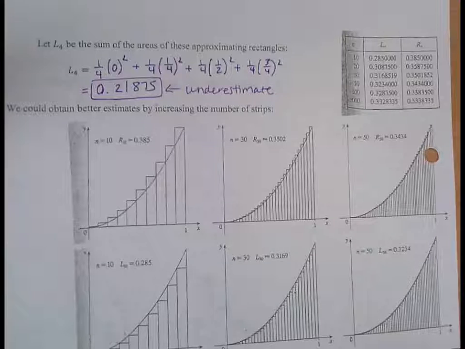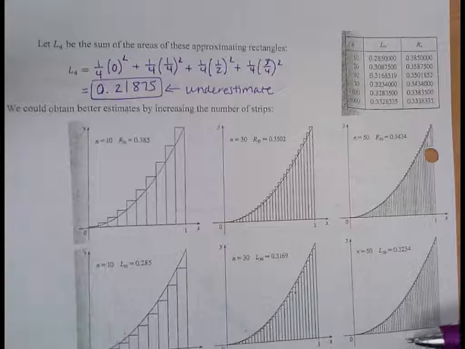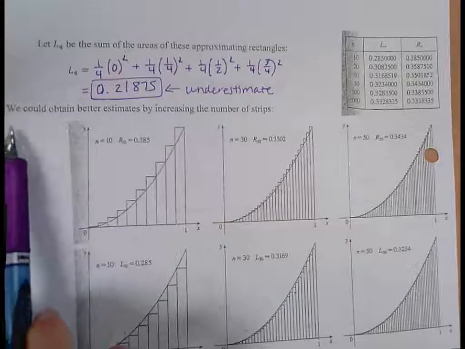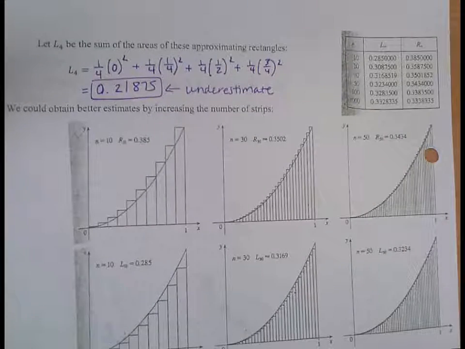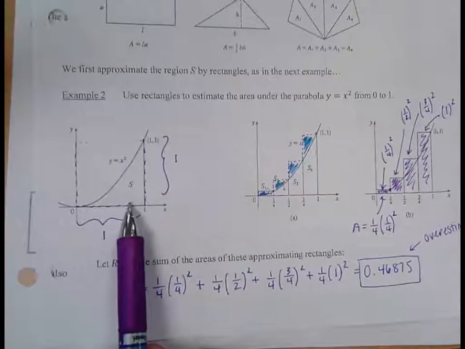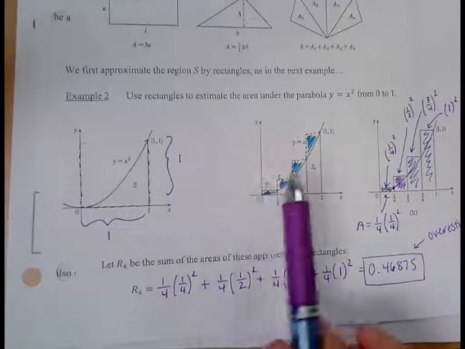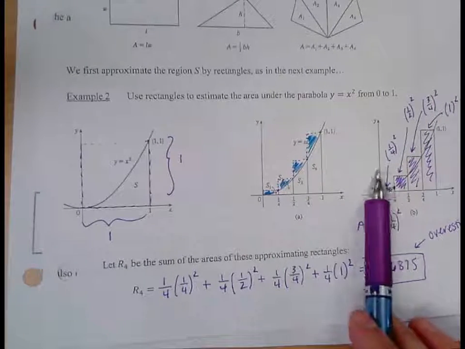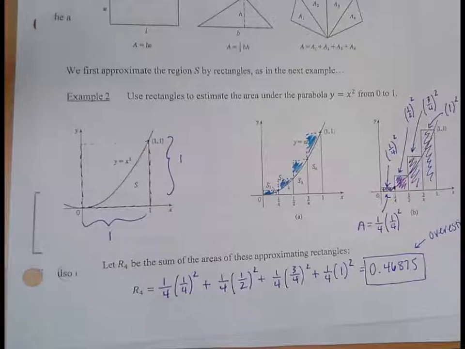Okay, so there are 2 ways you can get your approximating rectangles on an interval: using the right endpoints or the left endpoints. Now, what is shown here is to get a better estimate. We first looked at an estimate if you only had 1 rectangle, then we went to 4 rectangles, which gave us a better estimate.